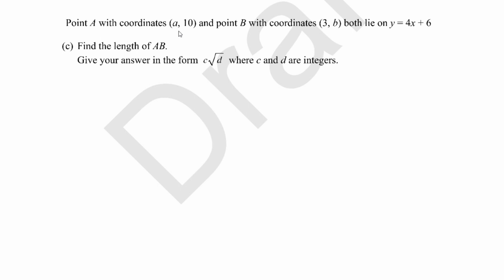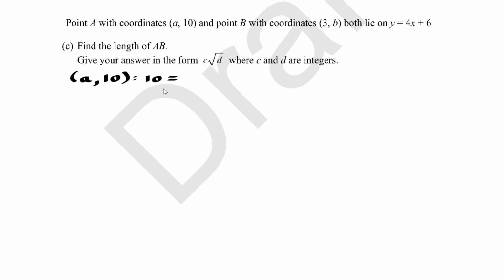Point A with coordinates (a, 10) and point B with coordinates (3, b) both lie on y equals 4x plus 6. For part C, we have to find the length of AB. Give your answer in the form c times square root d, where c and d are integers. Let's begin by thinking about the point A. Let's substitute this point into the line y equals 4x plus 6.